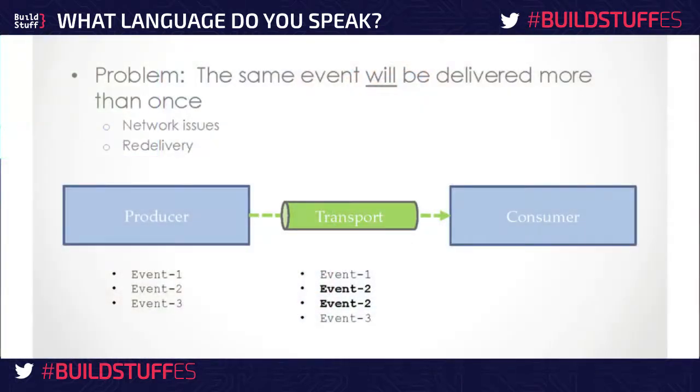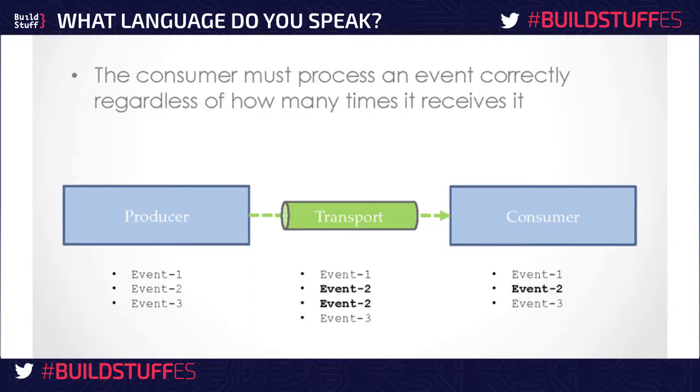The first, event duplication: the problem here is that the same event will be delivered more than once to your consumer. That is a fact. Get used to it. There might be network issues, there might be redelivery, there are lots of reasons for that to happen. So if you've received event 2 twice, you have to at least logically process that event only one time.